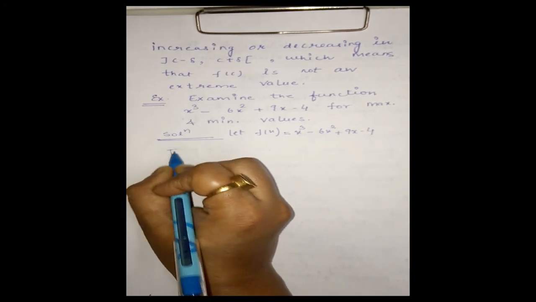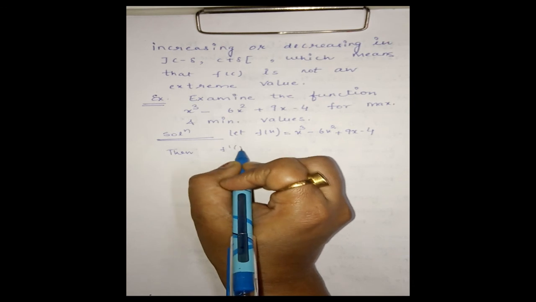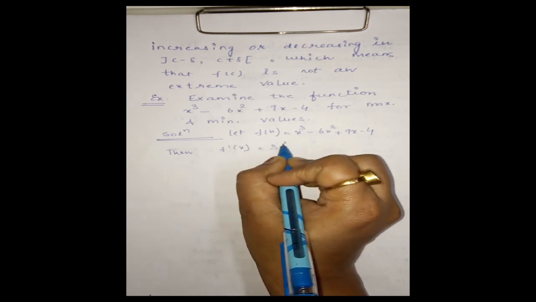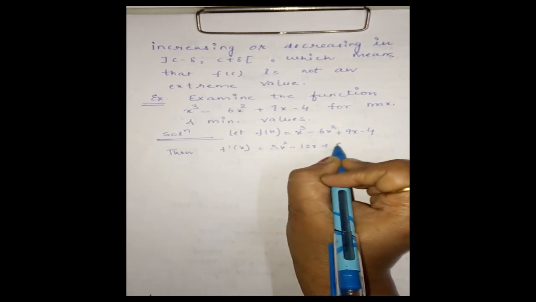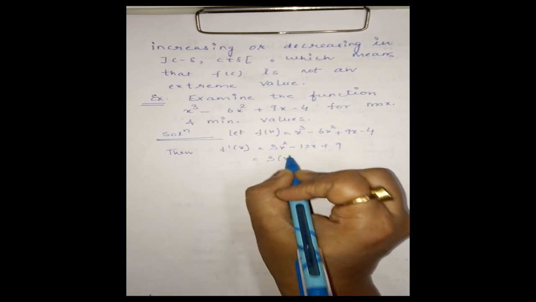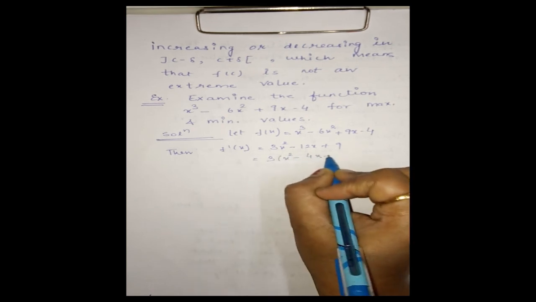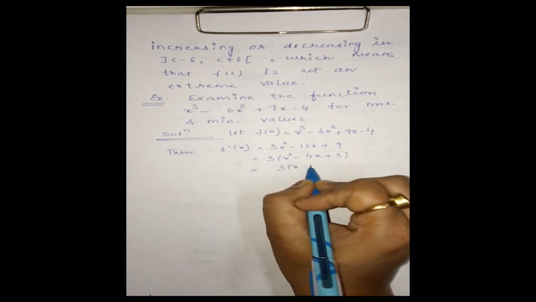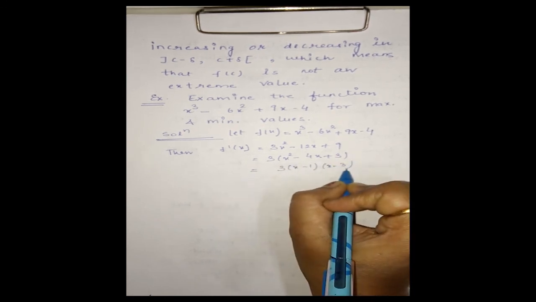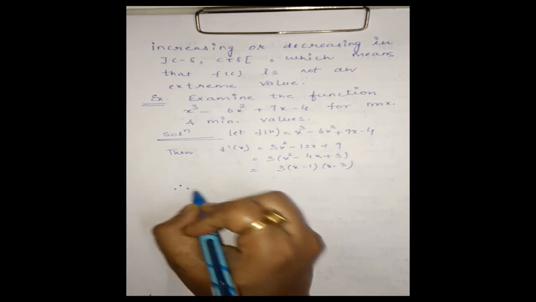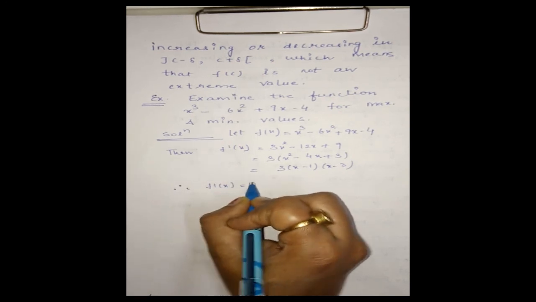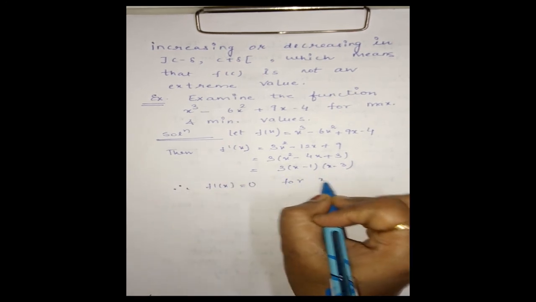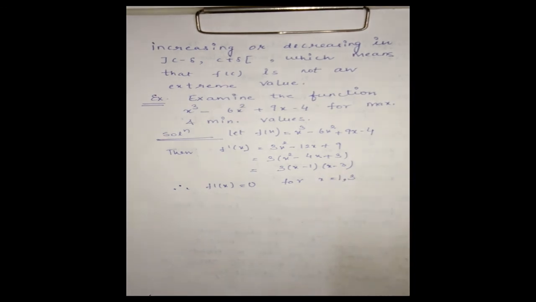Then f'(x) = 3x² − 12x + 9. Taking 3 common, this is x² − 4x + 3, which can be written as 3(x − 1)(x − 3). Therefore, f'(x) = 0 for x = 1 and 3.